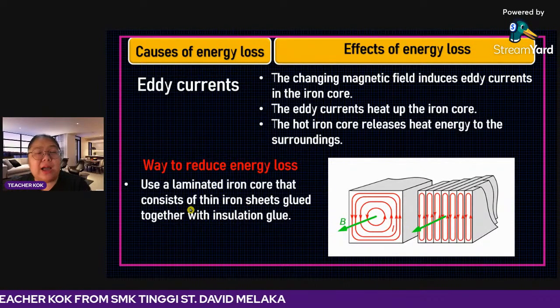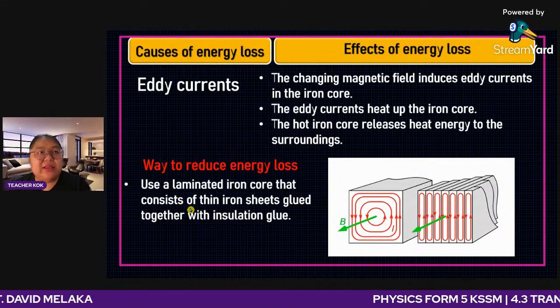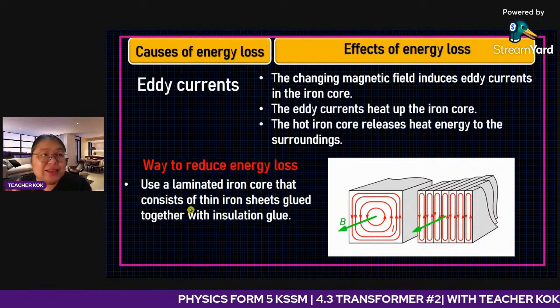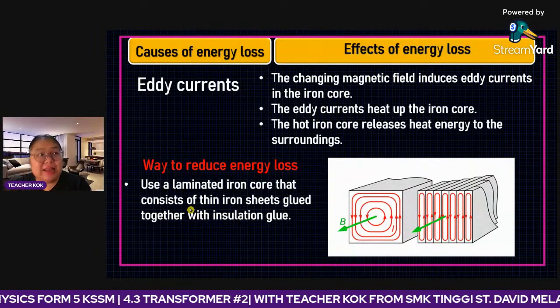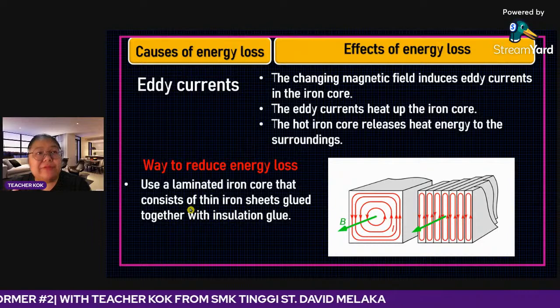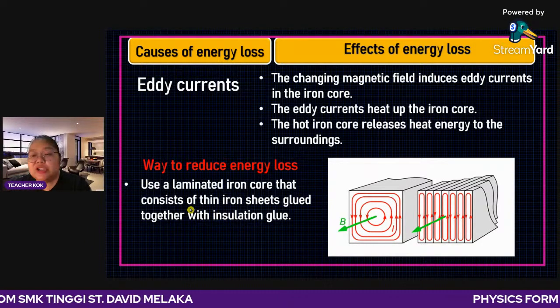If you use a whole block of iron, when it is magnetized it will induce more eddy current, which changes into heat. If I use layers, the iron sheet is made of thin layers, so that reduces the changing of magnetic flux that produces the eddy current. But the function is still the same.